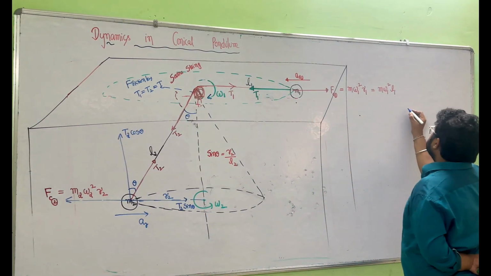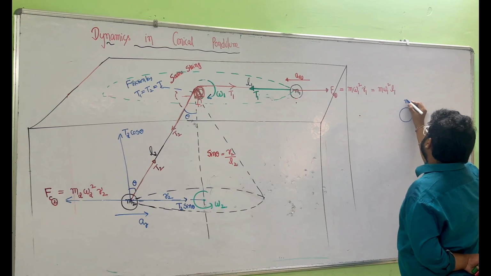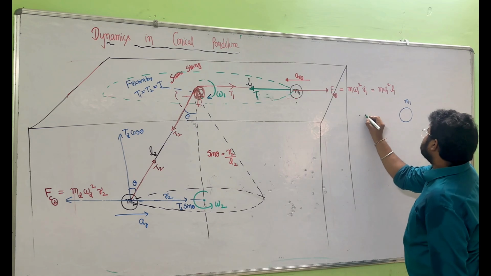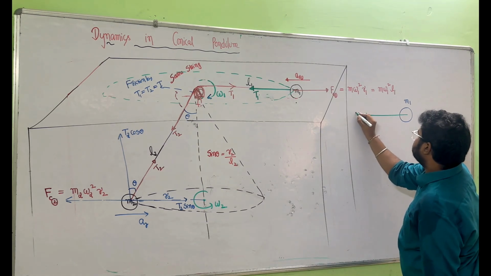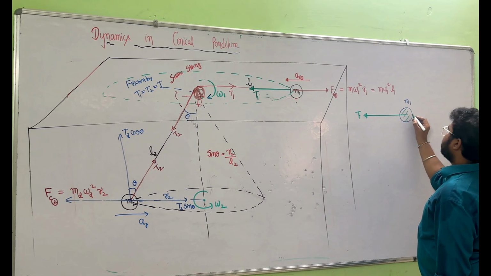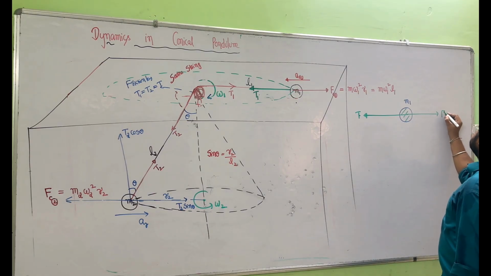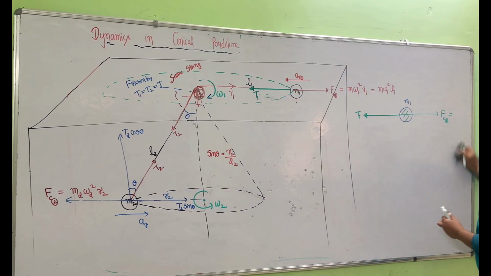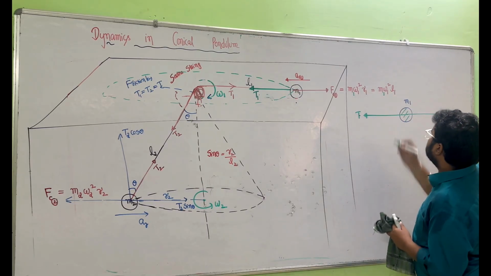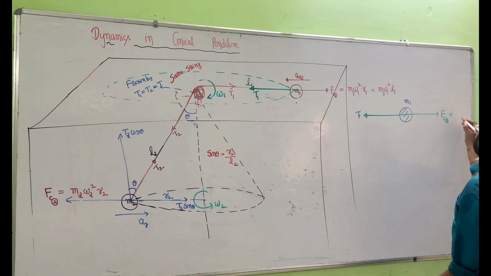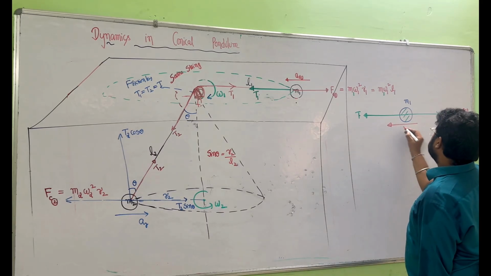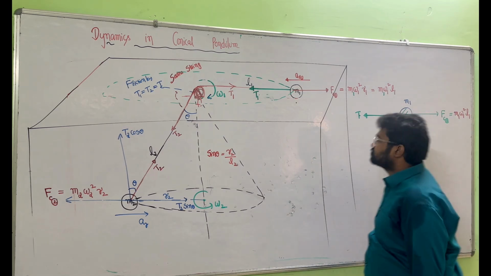So how many free body diagrams are here? For point mass M1, what is the free body diagram? Tension T, same string, same tension. FC1 equals M1 omega 1 square L1, radial acceleration towards the center of circular motion.